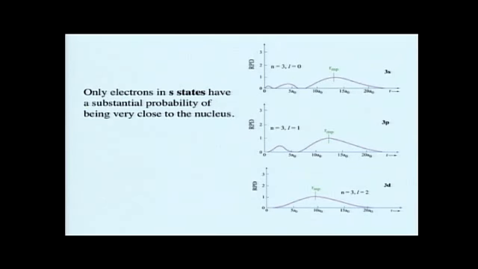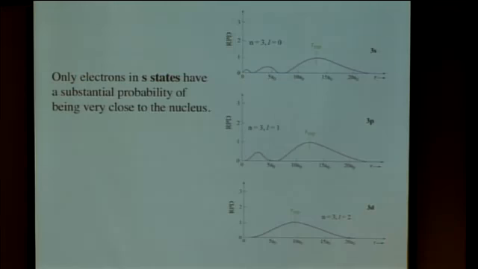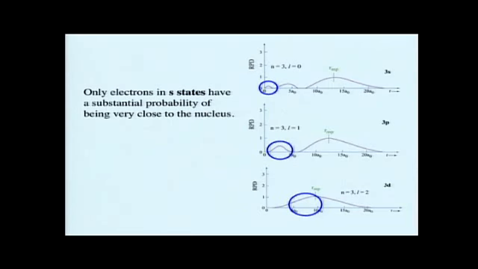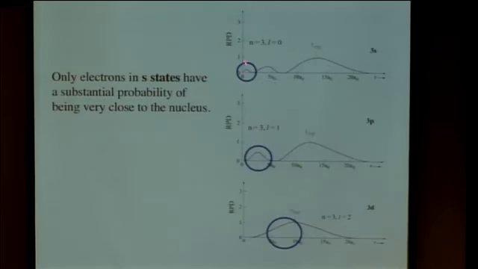So if we compare L increasing here, so a 3s to a 3p to a 3d, what we find is that it's only in the s orbital that we have a significant probability of actually getting very close to the nucleus. So if I circle where the probability gets somewhat substantial here, you can see we're much closer to the nucleus at the s orbital than we are for the p, than we are for the d.